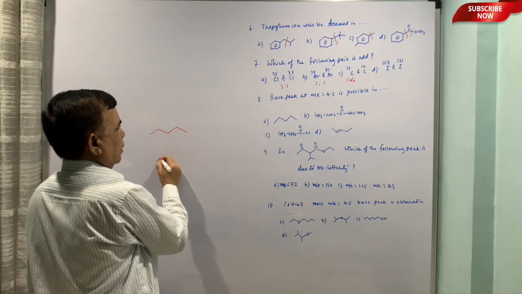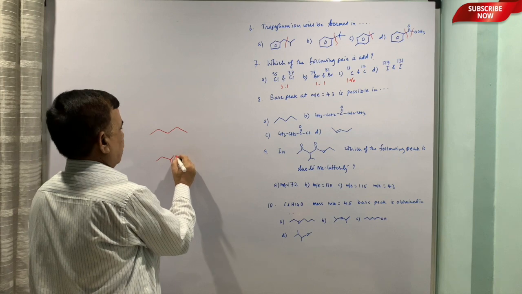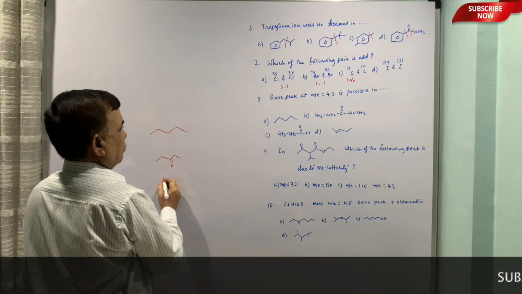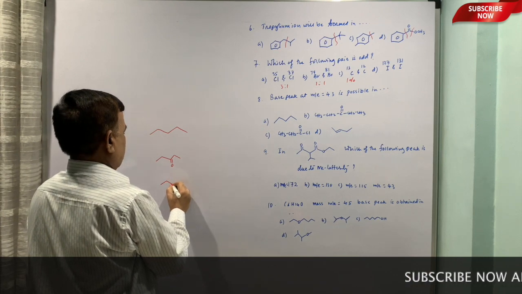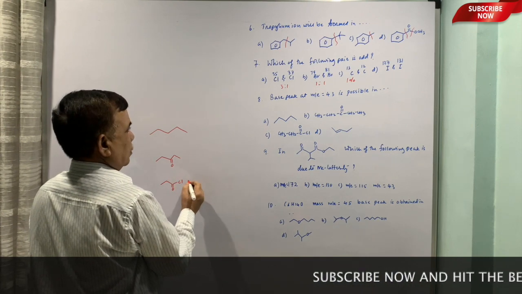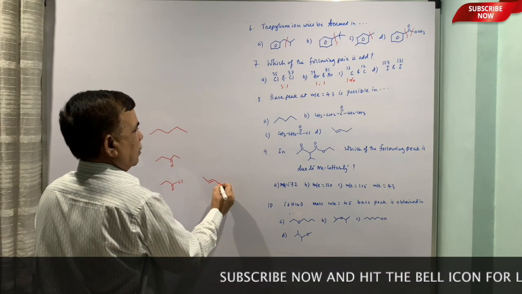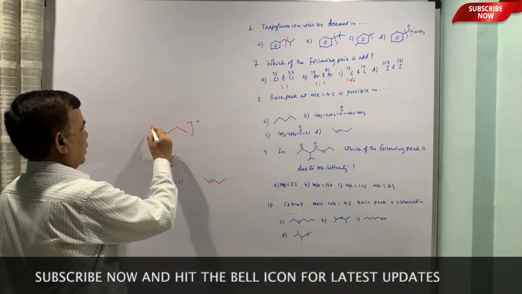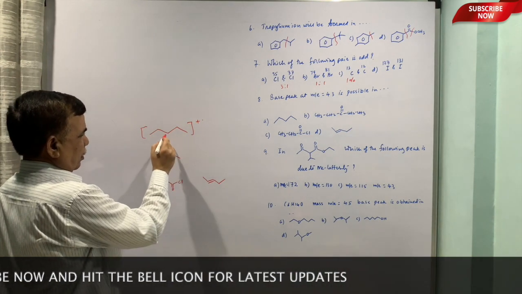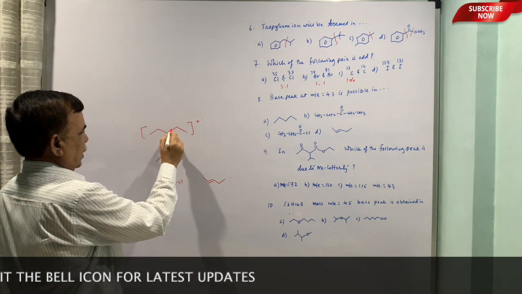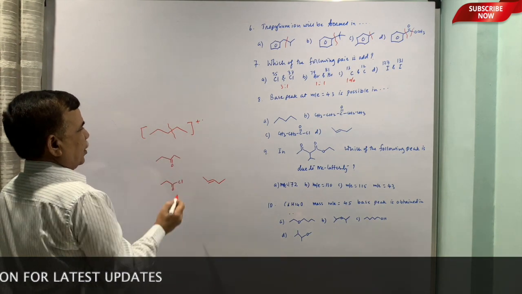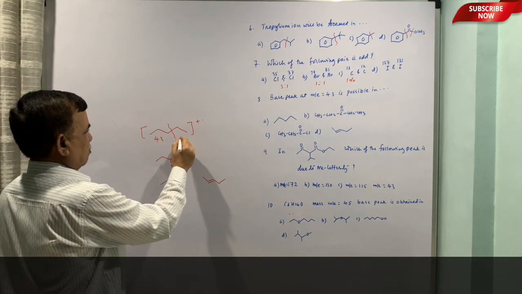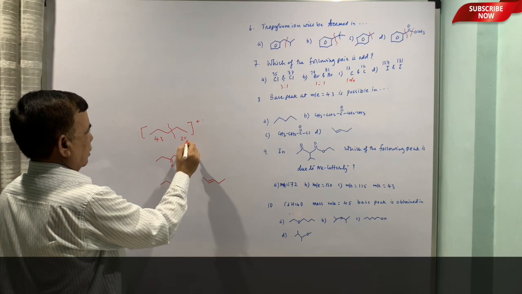1, 2, and the last is this. Okay. Now, here we can put the radical cation on the top, and we can break the molecule here, so that this is 43, this is 29.